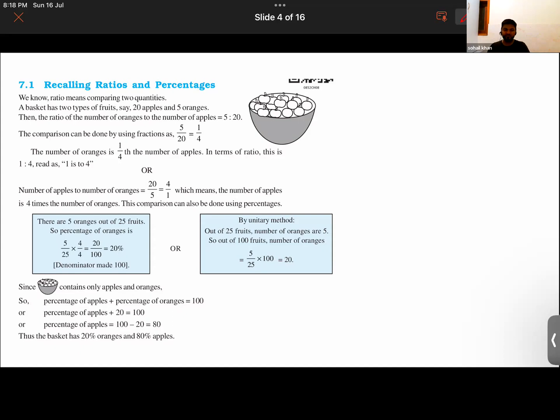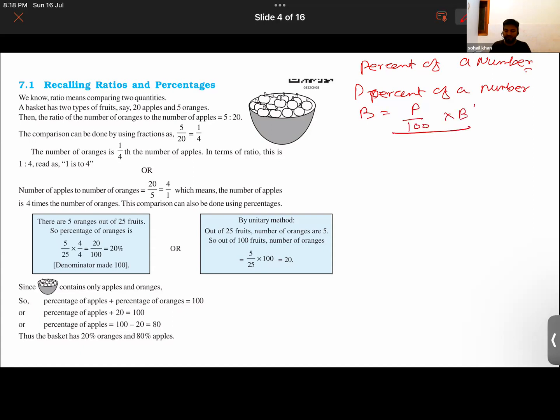We just discussed the percent of a number: p percent of a number b equals p upon 100 into b.